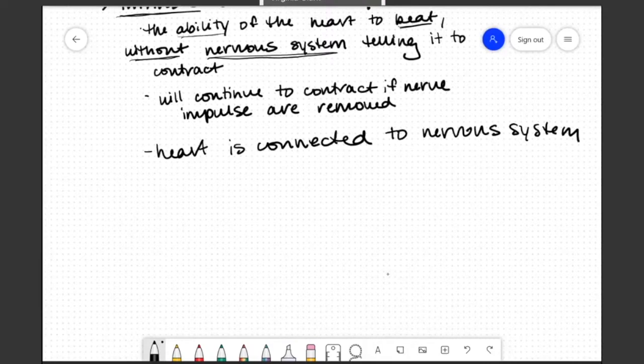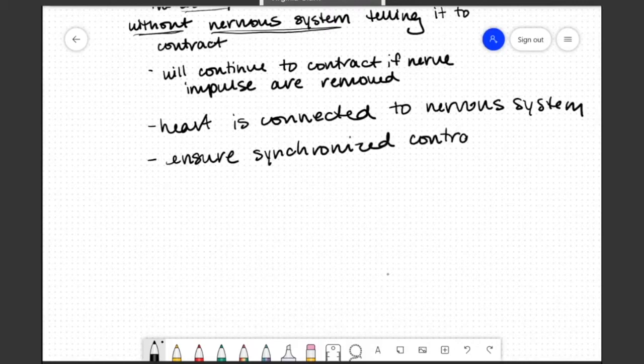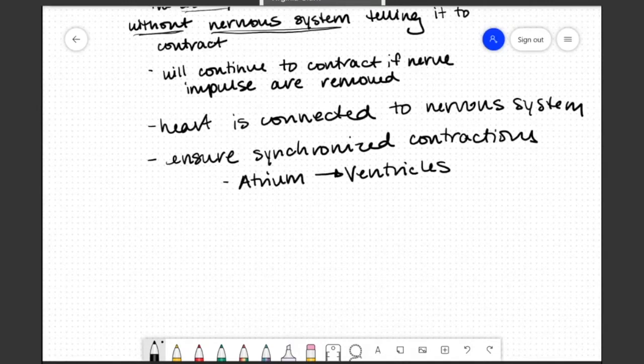So the intrinsic conduction system will actually ensure synchronized contractions of all of your heart muscle. It's going to be in a sequential pattern, and it will be your atrium and then your ventricles. We talked briefly about this in the exercise before this. It will be the top chambers and then the bottom chambers.